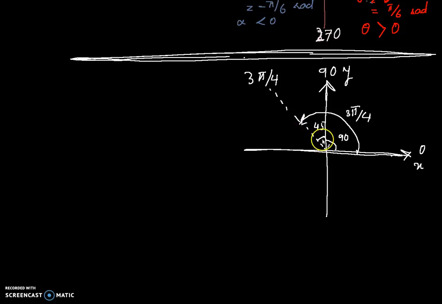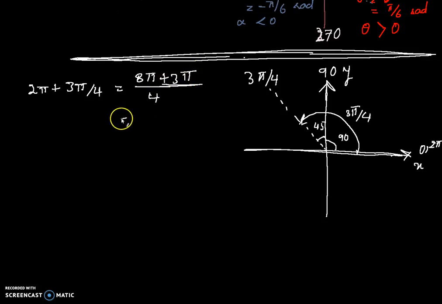Now if you have another angle that goes all around the coordinate system like this, then you have 2 pi. If you have 2 pi plus 3 pi by 4, adding them together, it's 8 pi plus 3 pi over 4, which is 11 pi by 4.